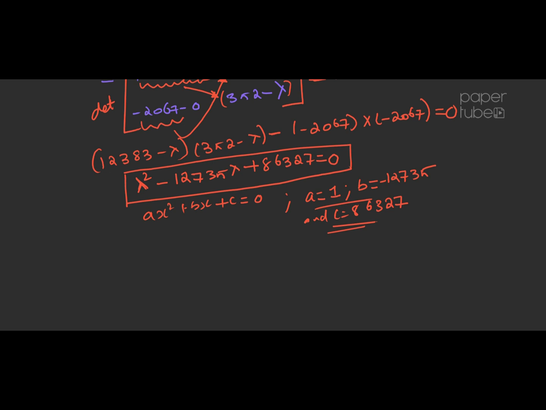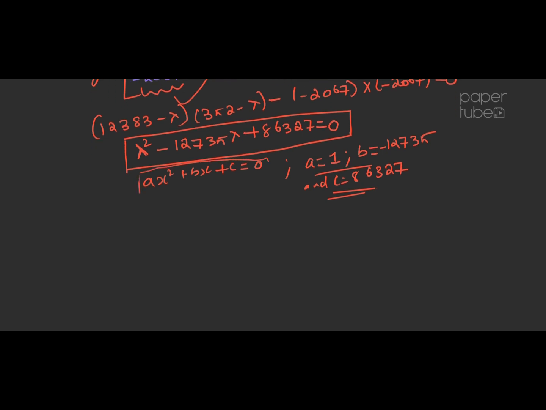And we know that if you have a quadratic equation of this type, then we can obtain the roots, or the solution of that equation, using the formula minus b plus or minus square root of b squared minus 4ac, divided by 2a. So you have all these constants. All you need is to plug in those constants in order to solve this expression.